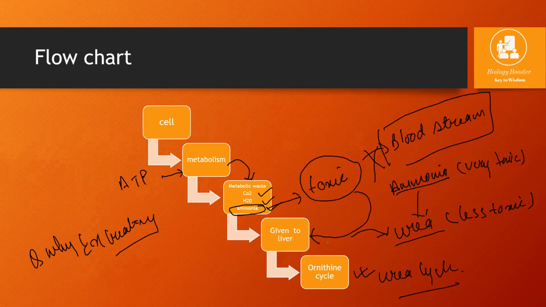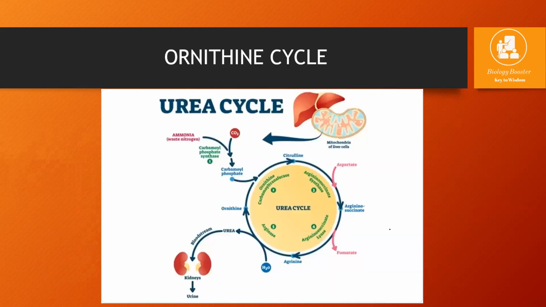So it is given to the liver first, where it is converted into urea. The very toxic substance is converted into the less toxic one, and then it is given into the bloodstream. So the ornithine cycle, इसको हम urea cycle भी कहते हैं. It is performed inside the mitochondria of the liver.